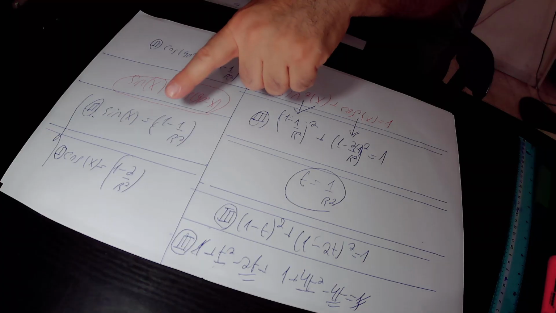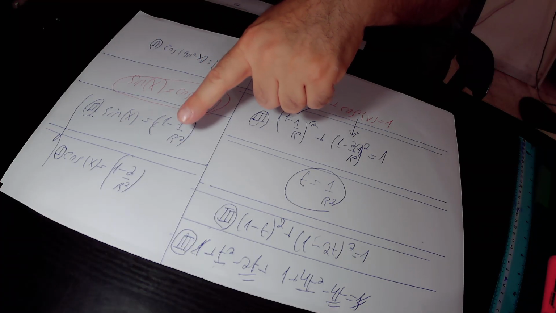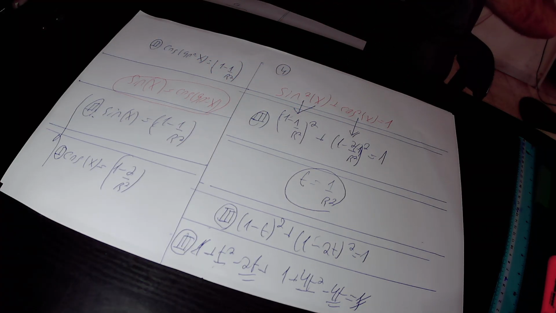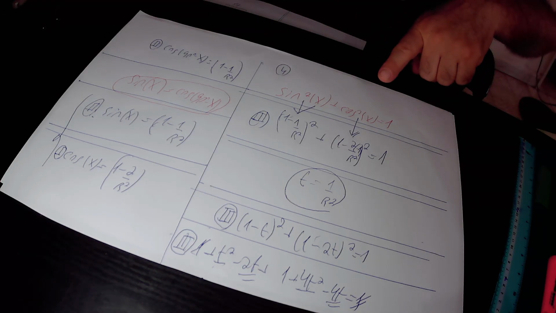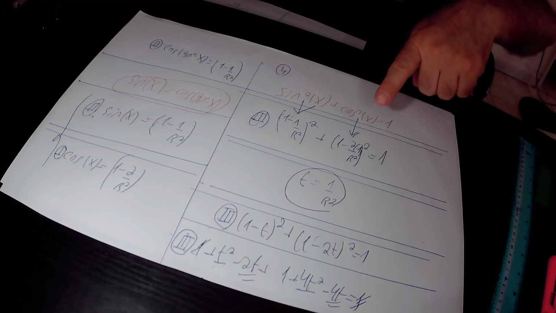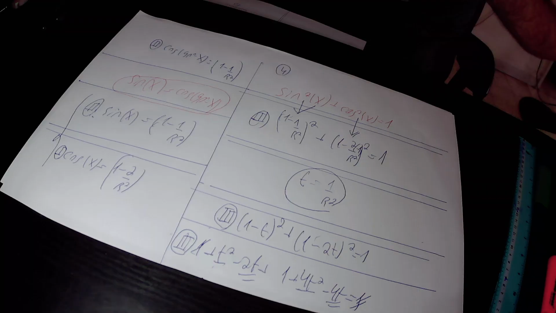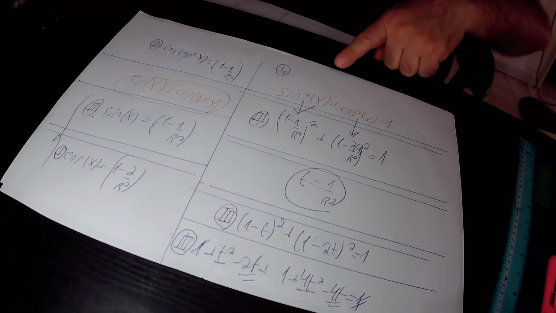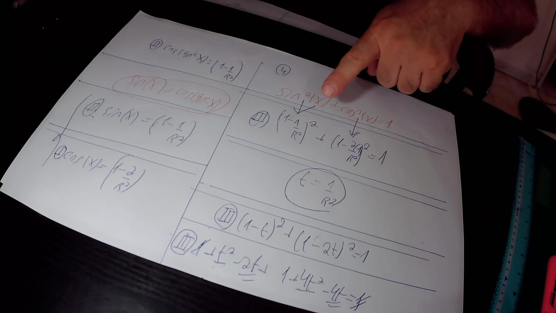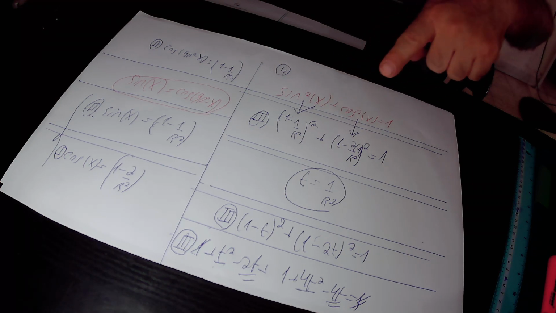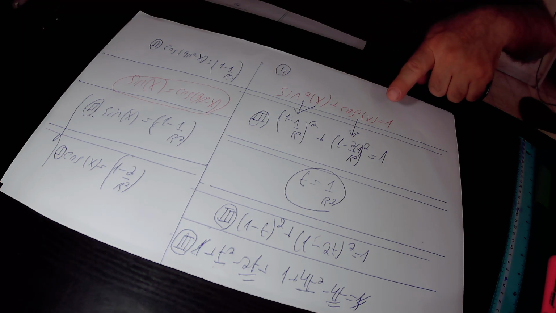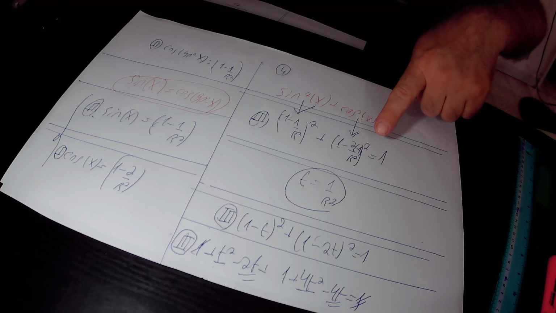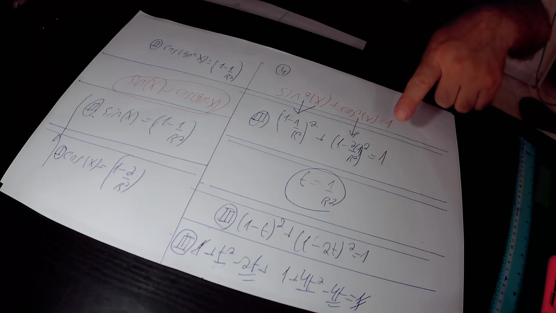According to equation 1, cosine x equals 1 minus 2 over R square, and therefore cosine square x will be equal to (1 minus 2 over R square) squared. And so sine square x is (1 minus 1 over R square) squared, and cosine square x is (1 minus 2 over R square) squared, and the sum equals 1.